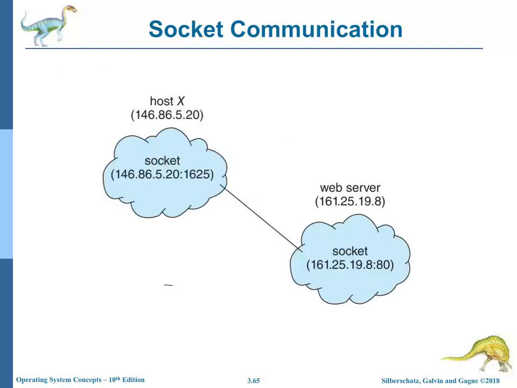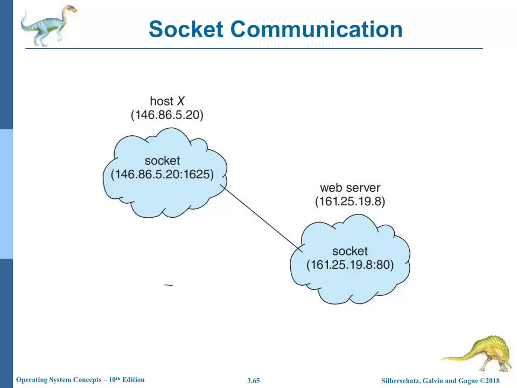In this example, host X has the IP address 146.86.5.20. It is assigned the port 1625. So the socket is the IP, colon, the port number. And for the web server, we know it is listening on port 80, and its IP is 161.25.19.8.